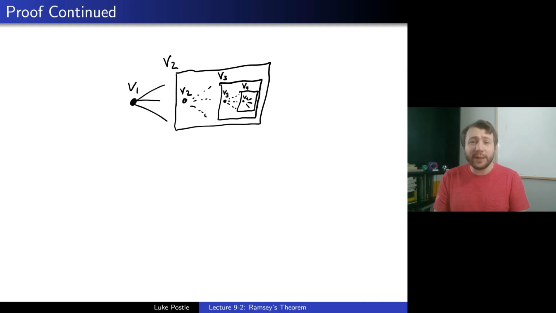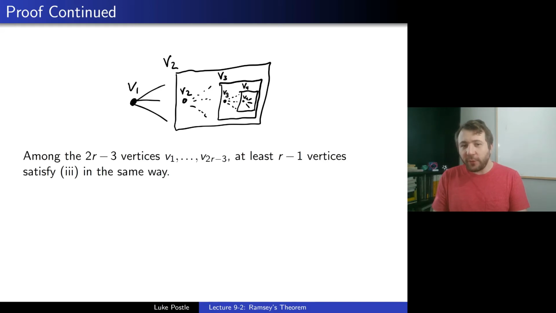And now why are we done? So maybe you could stare at this picture and think, do you see a large clique or anti-clique in here? Well, among the 2r minus 3 vertices, so v1 up to v2r minus 3, the point is that at least r minus 1 of them satisfy condition 3 in the same way, right?